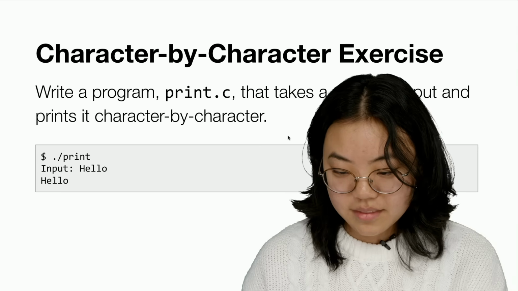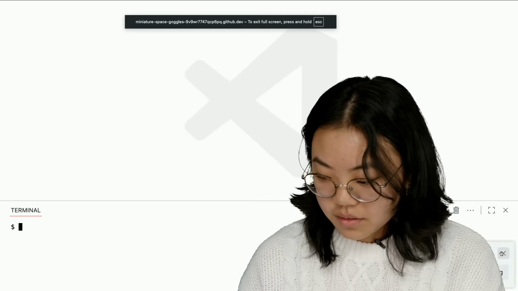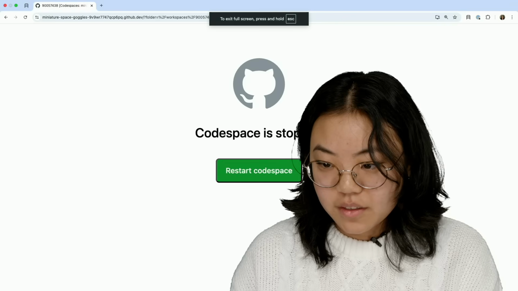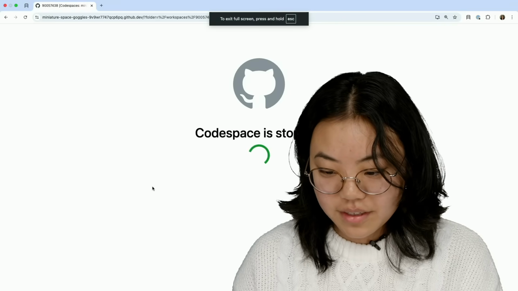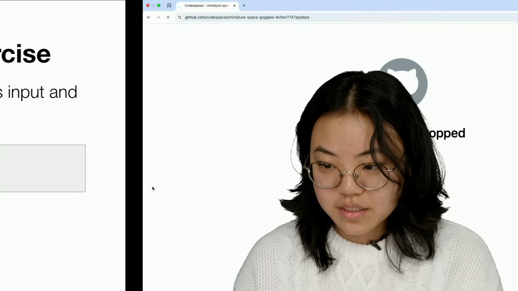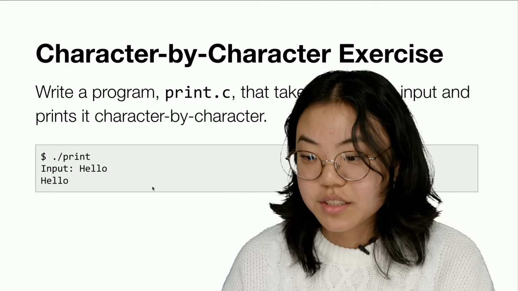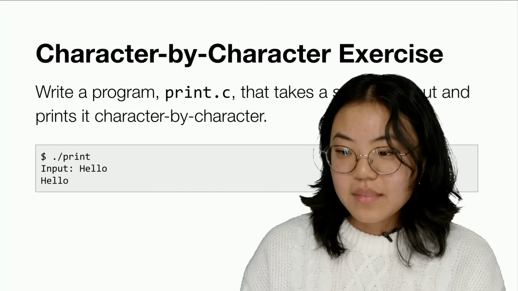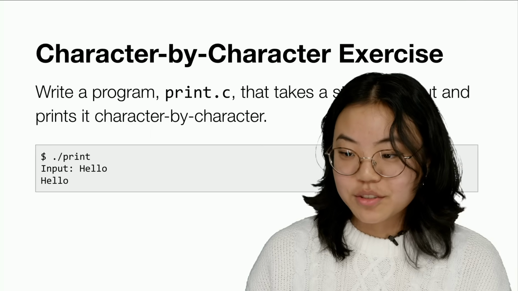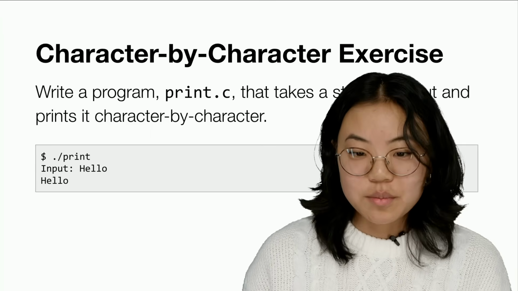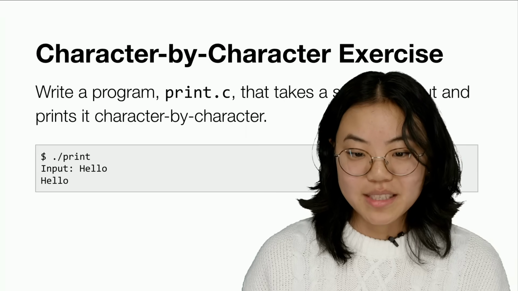Okay, so we're going to move to the terminal. Okay, oops. Okay, I'll restart my code space here. What are the operations that can be performed using strings? That's a great question. As we'll talk about very shortly, strings and each character within them can be represented as a number, right?